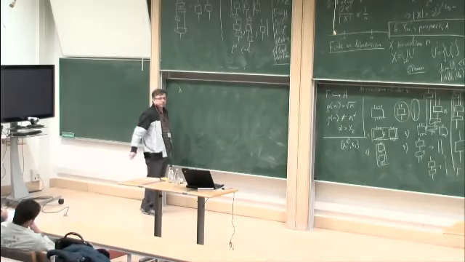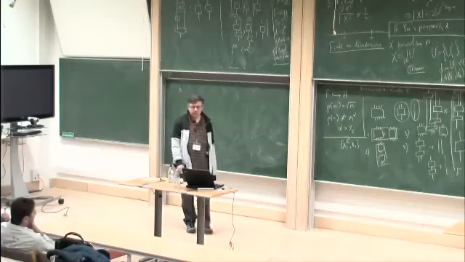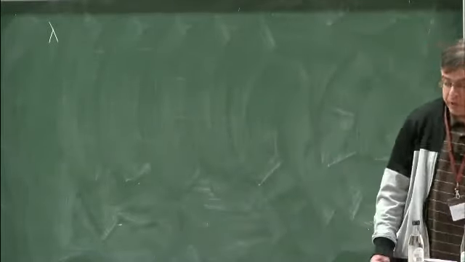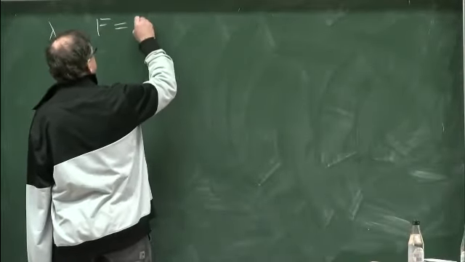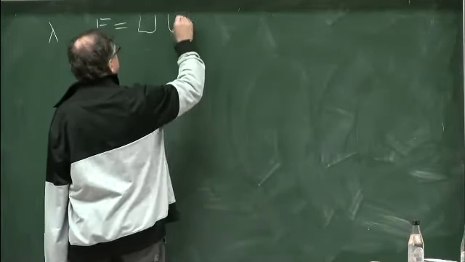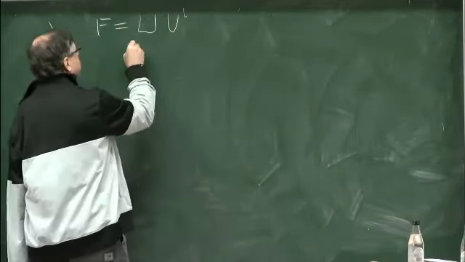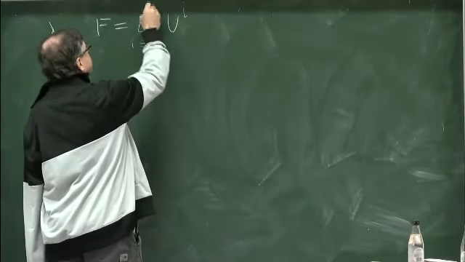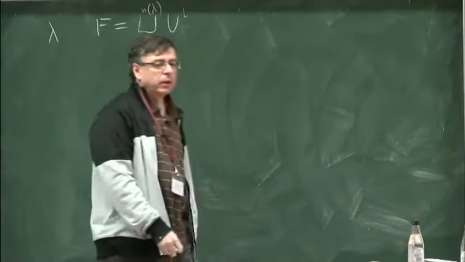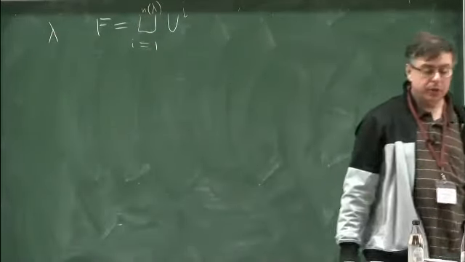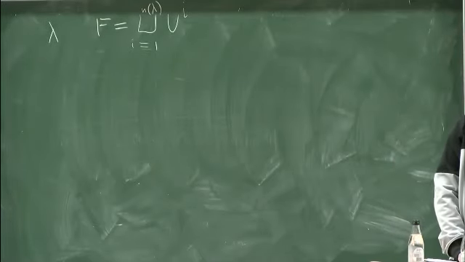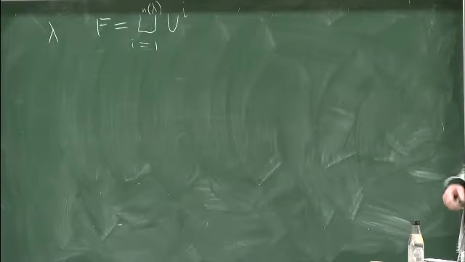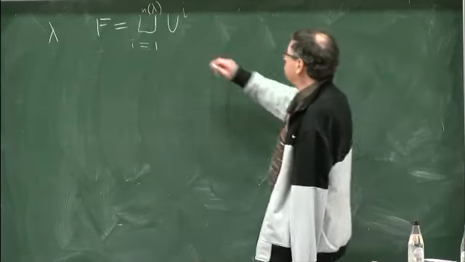Let's fix a lambda and find again F to be a union of U_i's, so i from 1 to n, depending on lambda. And again we assume that the U_i is a collection of uniformly bounded subsets. Usually we refer to this as colors.